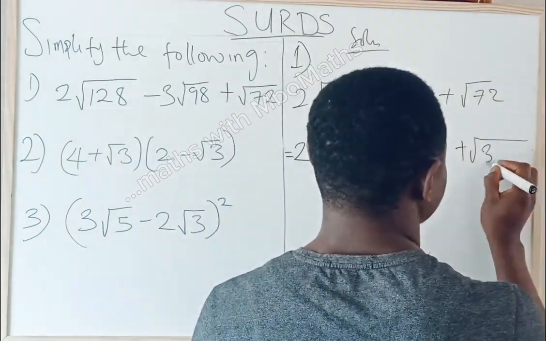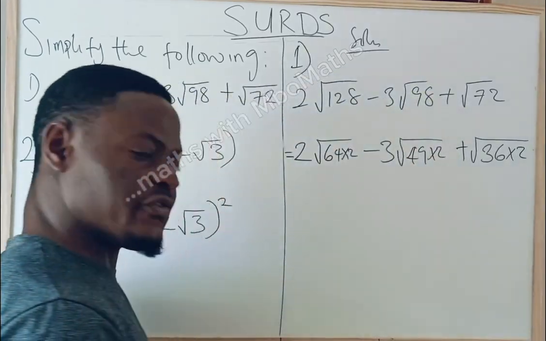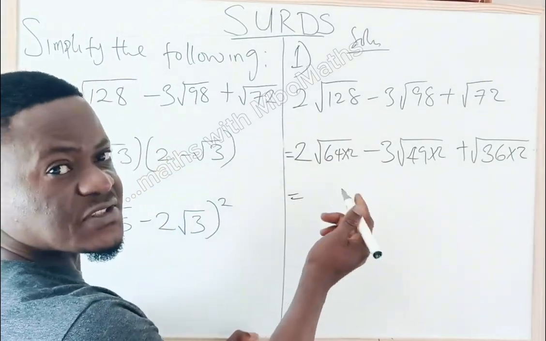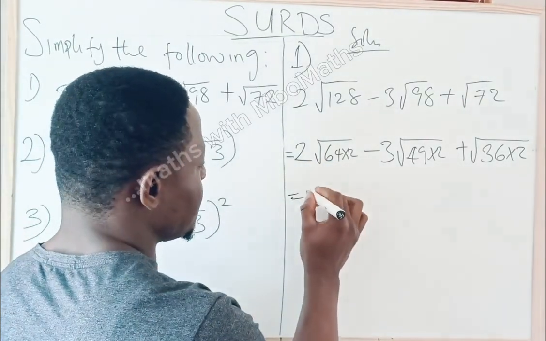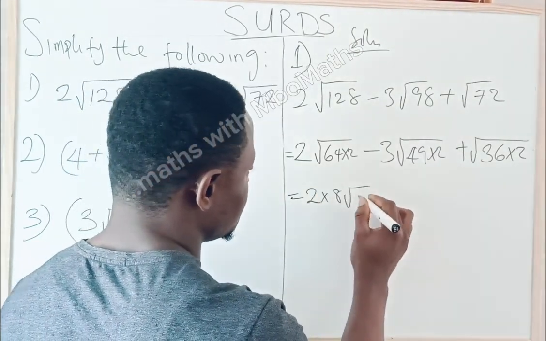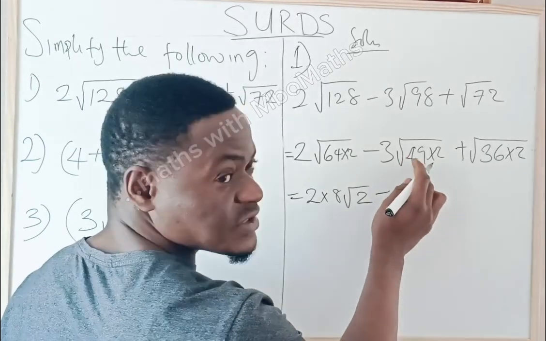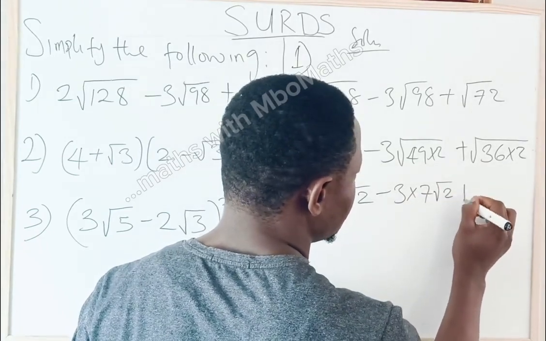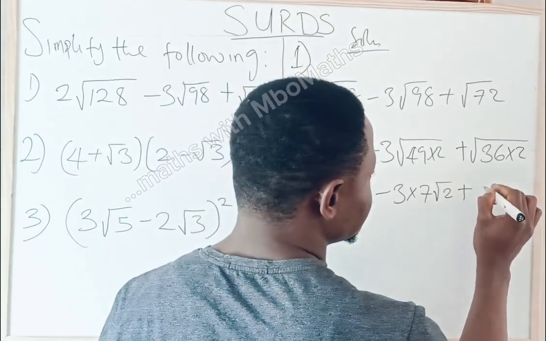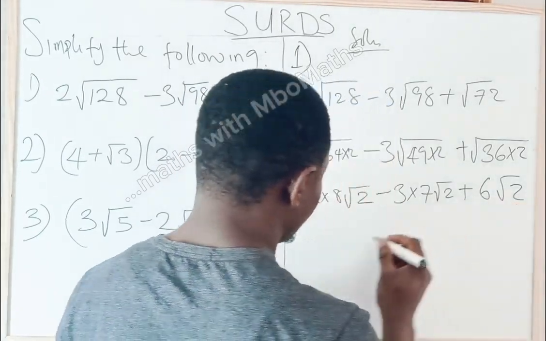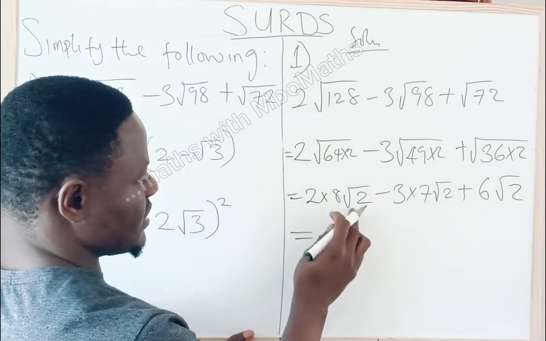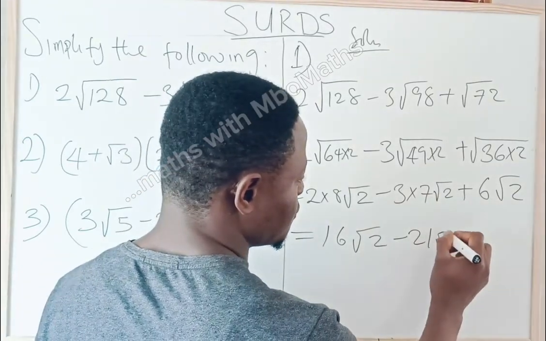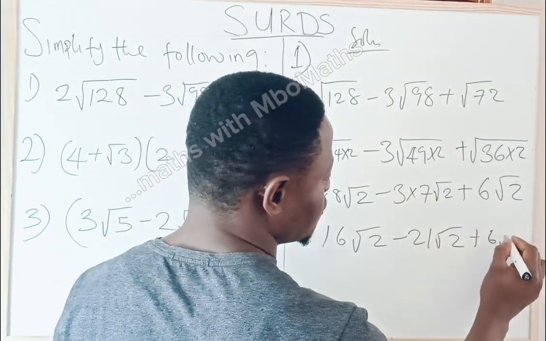The square root of 64 is 8, so this becomes 2 times 8 root 2, minus the square root of 49, which is 7, so 3 times 7 root 2, plus the square root of 36, which is 6 root 2. So we have 2 times 8, 16 root 2, minus 3 times 7, 21 root 2, plus 6 root 2.